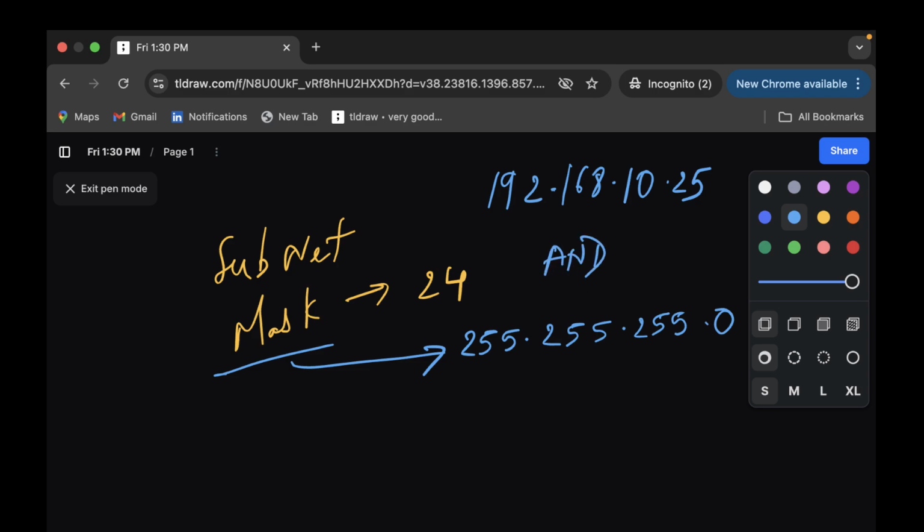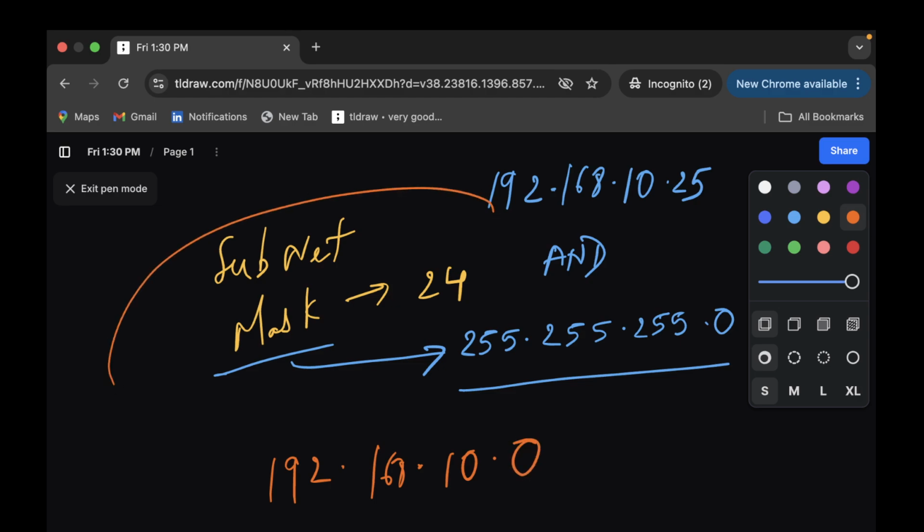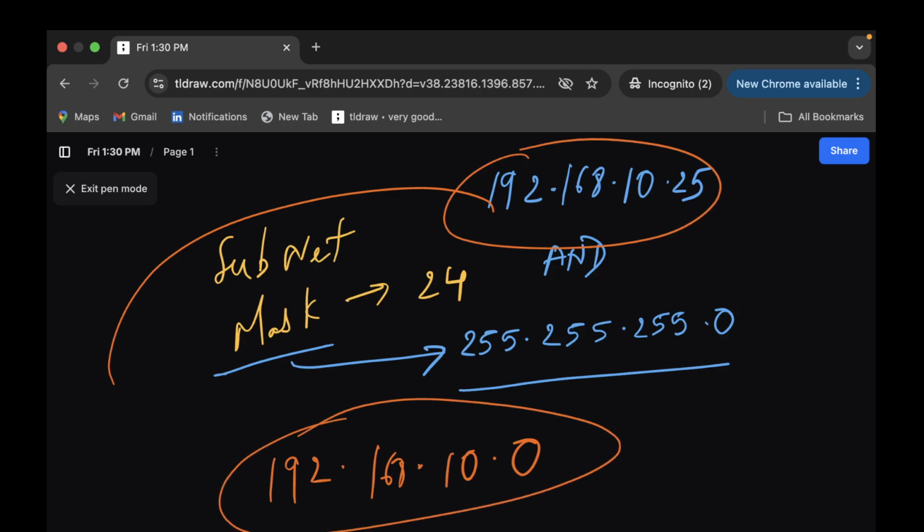When I combine both of them, I get my network address, that is 192.168.10.0. This is the original IP address and this is the network ID that I got.